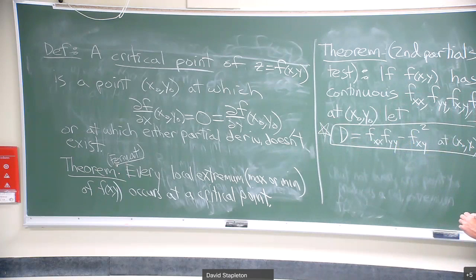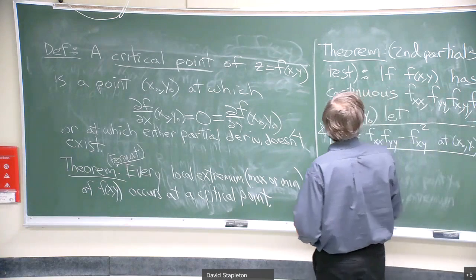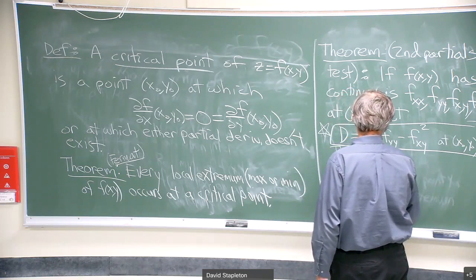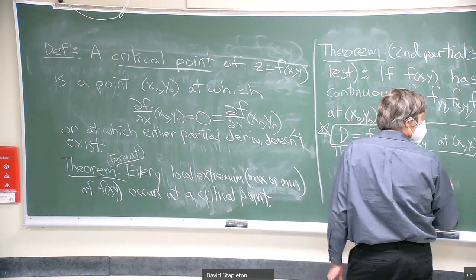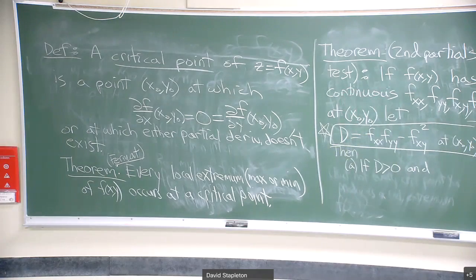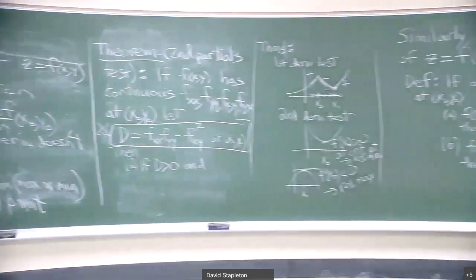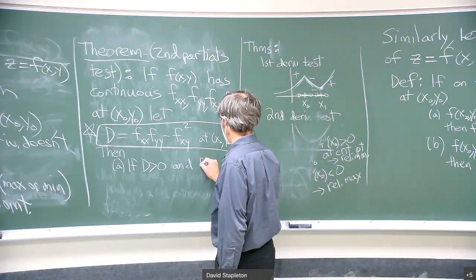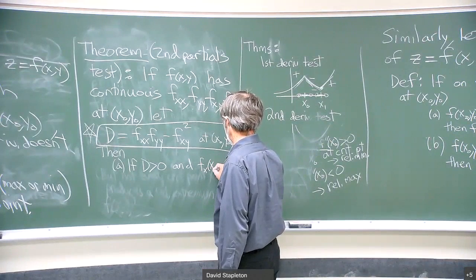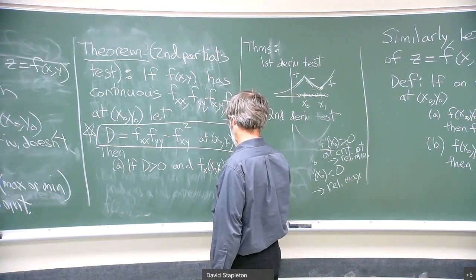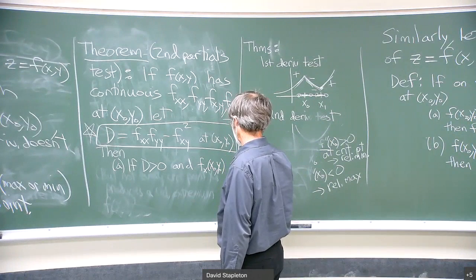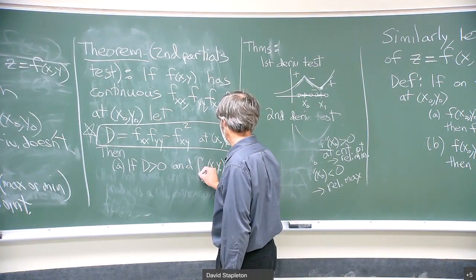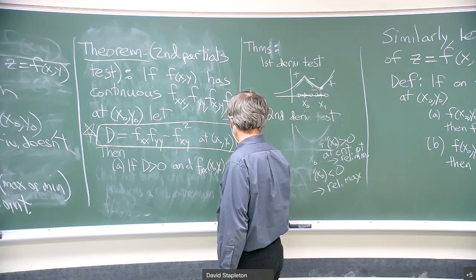Suppose that's the case. Then we're going to say this: if D is positive and the second partial of f with respect to x at the point is positive, what do you think is going to happen?